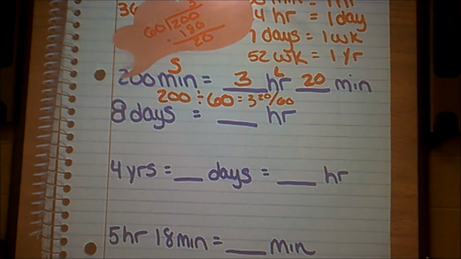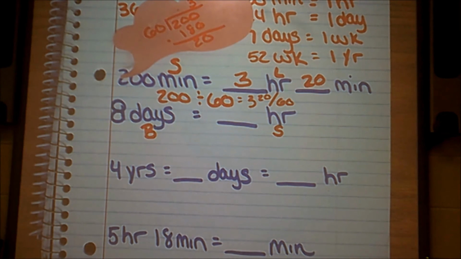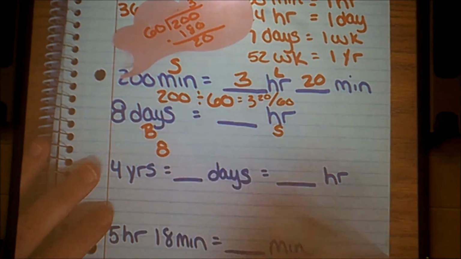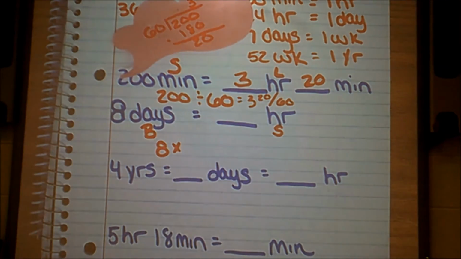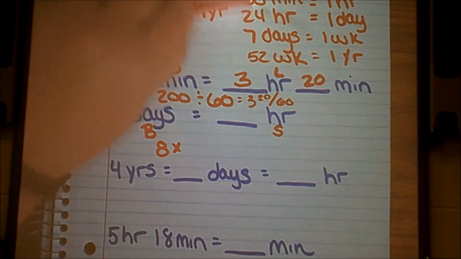Let's try the second problem here. I want to convert 8 days into hours. I can see that my days are bigger than my hours, and I know this because days are how long I work in a week, and hours, again, is how long I would travel to go on a trip to Tennessee. So going big to small, we multiply. I'm going to multiply my number of days by the amount of hours that are in a day.